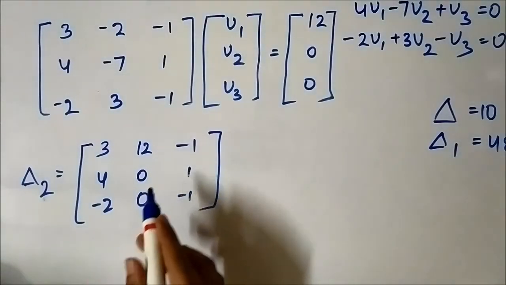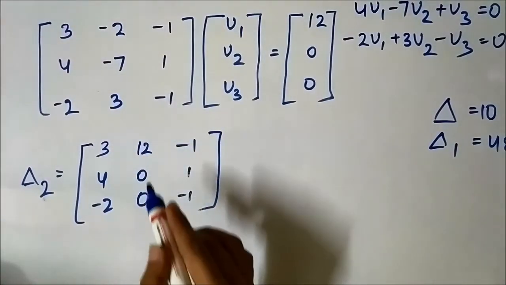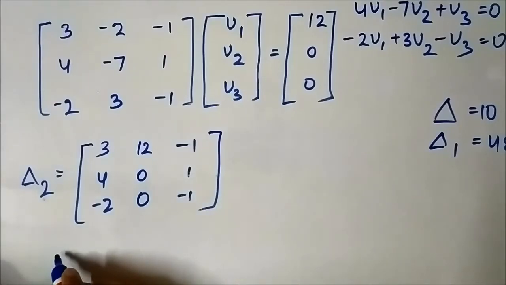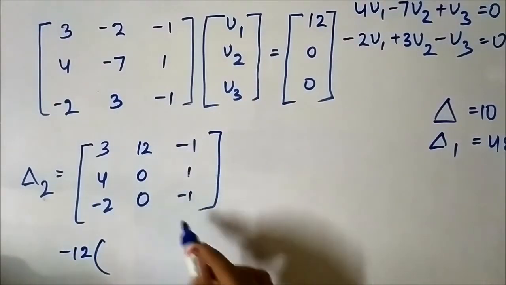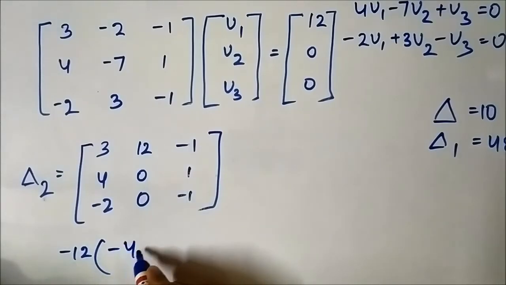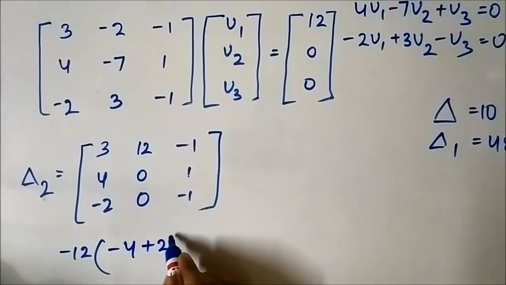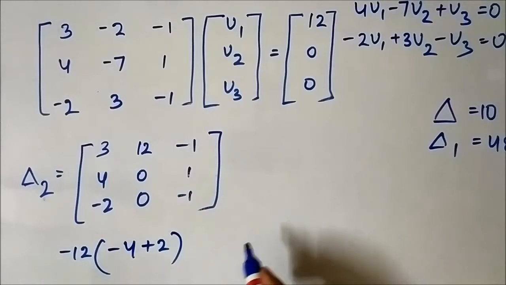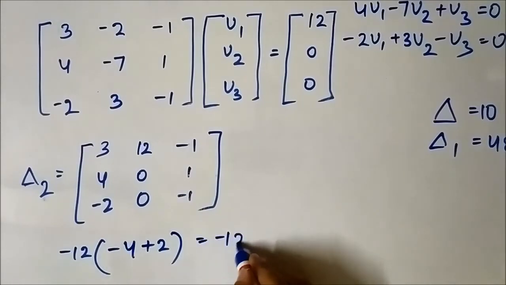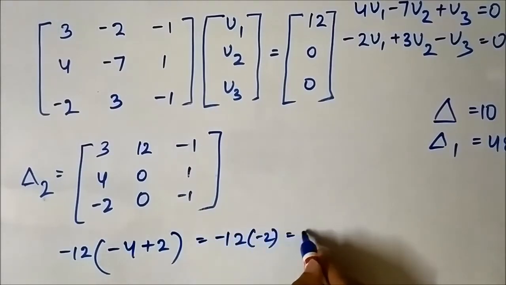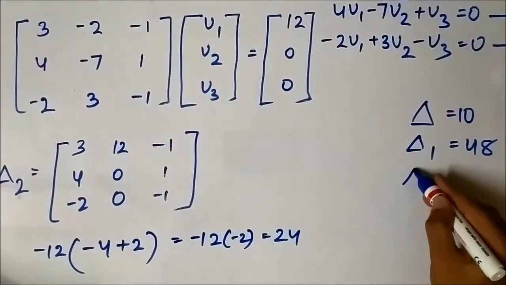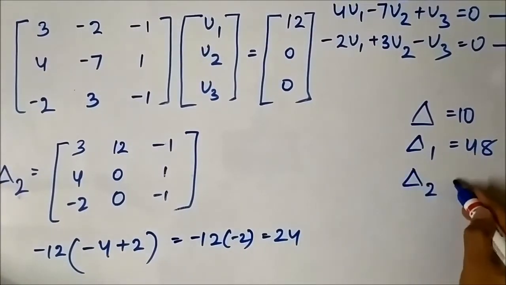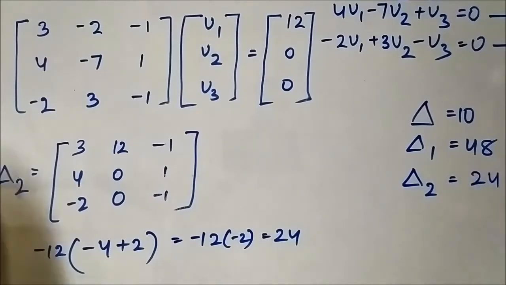Again, if we go by this column approach, it will be minus 12 into minus 4 plus 2. So this will be minus 12 into minus 2, which will be 24. So delta 2 is 24.